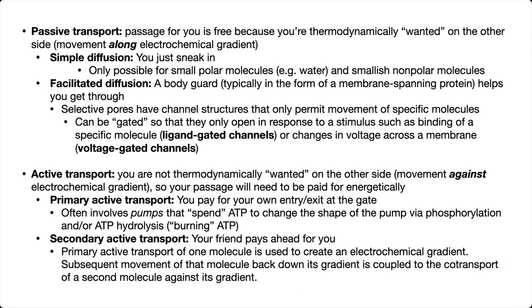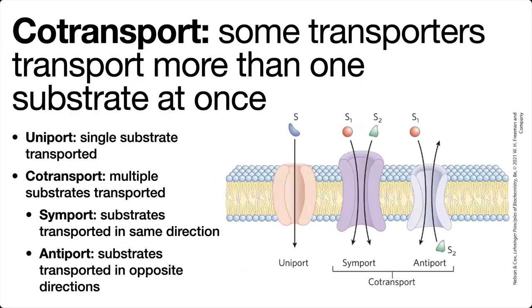You then let that molecule flow back along its gradient, which now is going to release energy, and the energy that's released is going to be used to transport another molecule along with it. This is going to involve a form of co-transport because you have two molecules traveling together, one along its gradient that's releasing energy, and one against its gradient that's requiring energy.